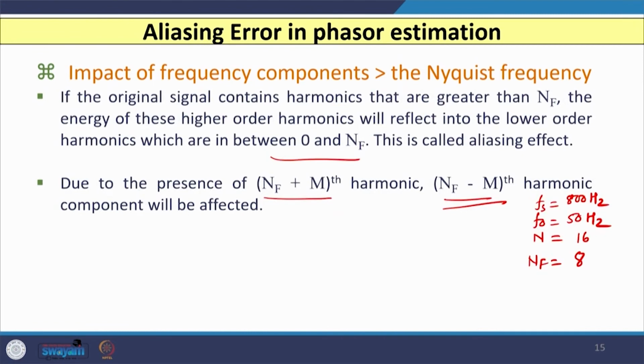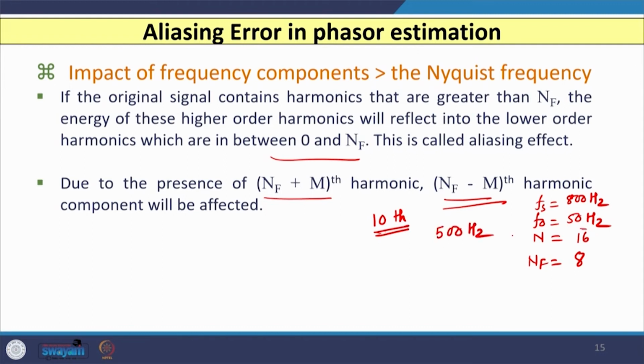So, if we are acquiring some signal, taking samples of the signal, and if that signal contains, let us say, the 10th harmonic of the fundamental 50 hertz, that is nothing but 500 hertz.